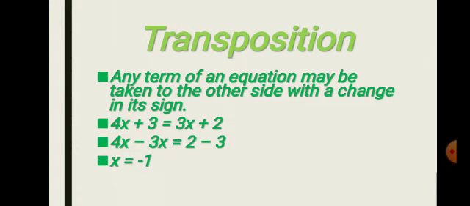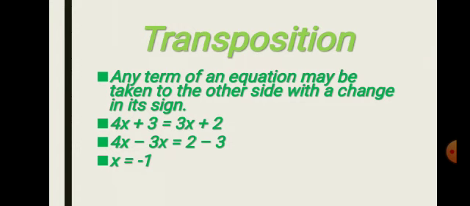So 4x minus 3x is equal to 4 minus 3, which gives x. 4 minus 3 is 1, so we write x individually. Then 2 minus 3 is minus 1, and the sign of the greater digit is minus. That's why the value of x is equal to minus 1.